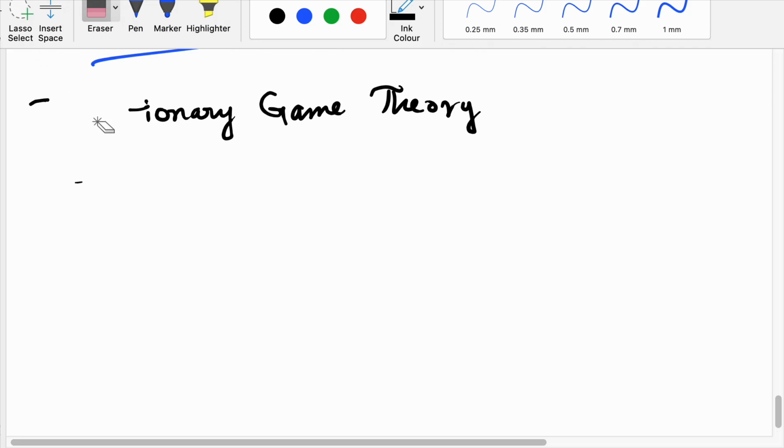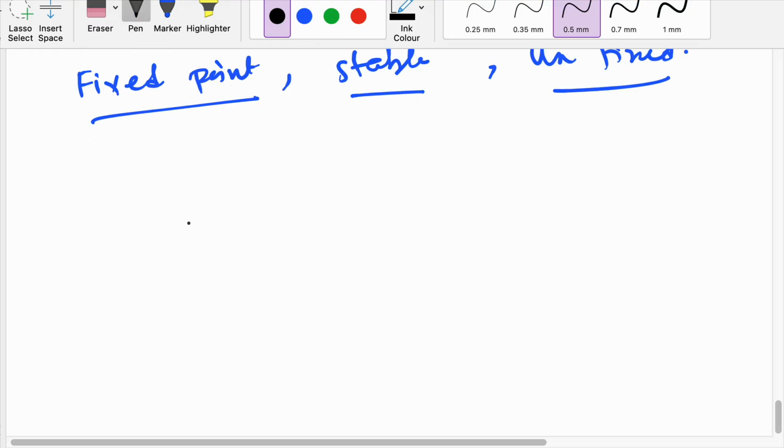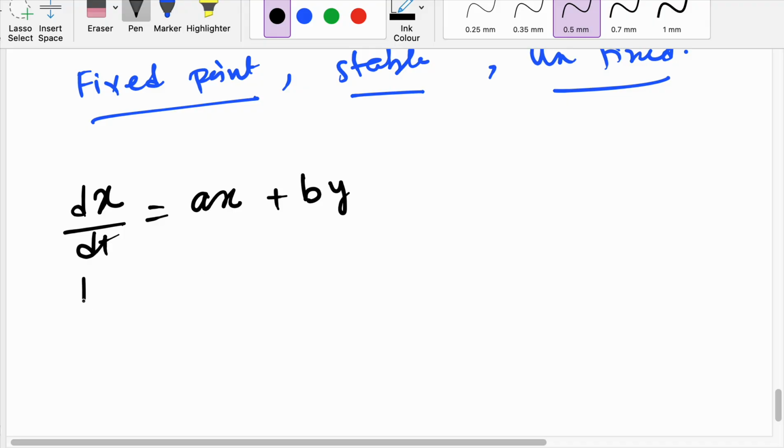Let me talk a little more about the linear stability analysis. Okay, fine. Let dx/dt be ax plus by, and dy/dt be cx plus dy.